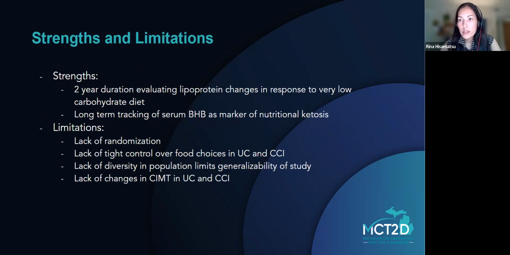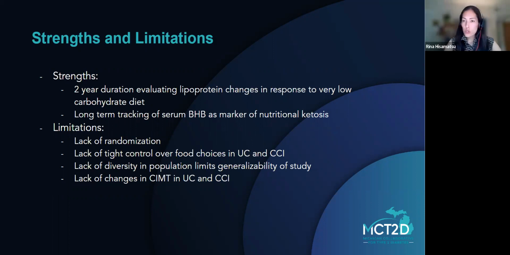Now, as with all studies and research, there will always be strengths and limitations. So I think it's good to highlight some of those here. Some of the strengths that the researchers discussed were that the 2-year duration is a pretty significant amount of time to evaluate the lipoprotein changes in response to a very low carbohydrate meal plan.